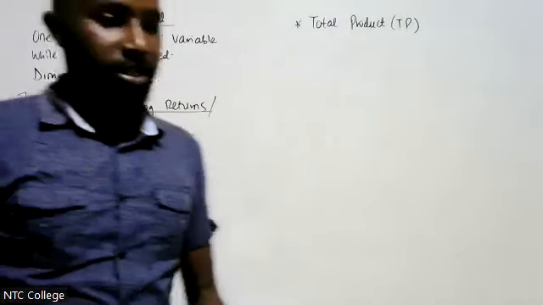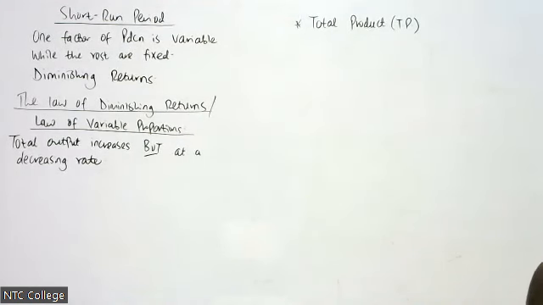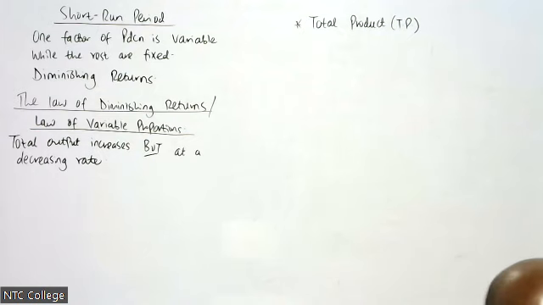What is total product? TP, usually abbreviated as TP. This is the total output resulting from the effort of the factors of production combined at any one time.